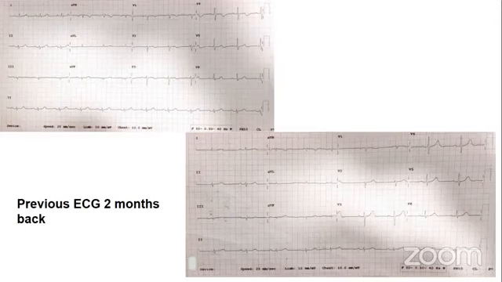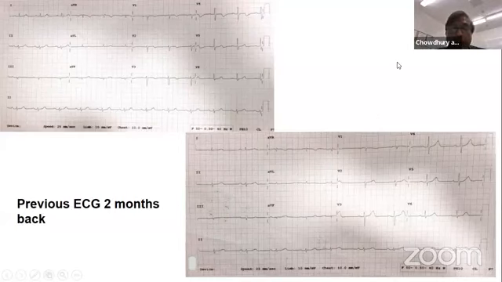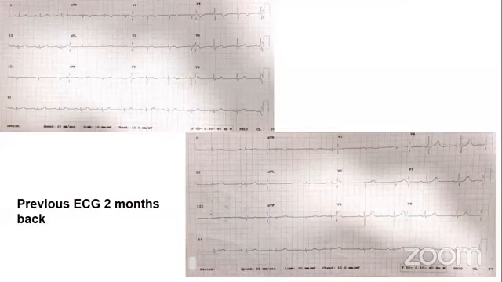But sir, I think these are the ECGs. Tushar, Dr. Rahat is answering in the chat box. Yeah, Dr. Rahat, yes.